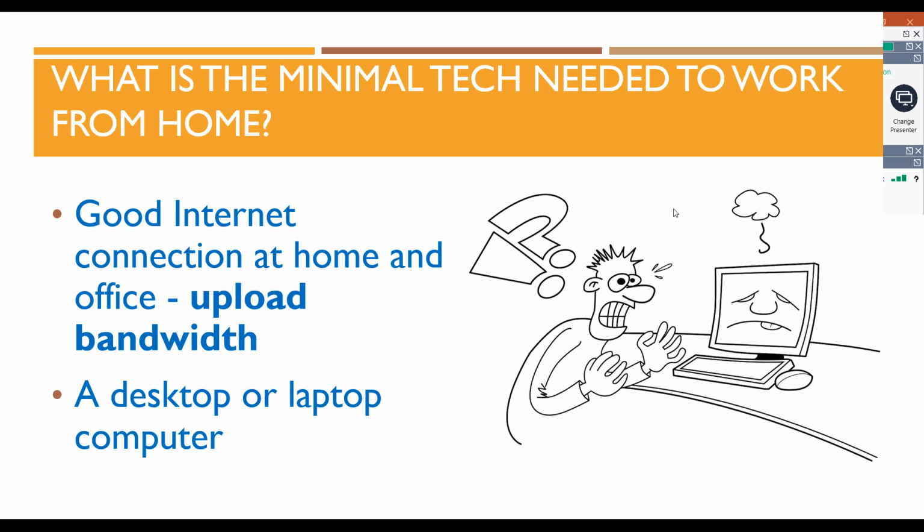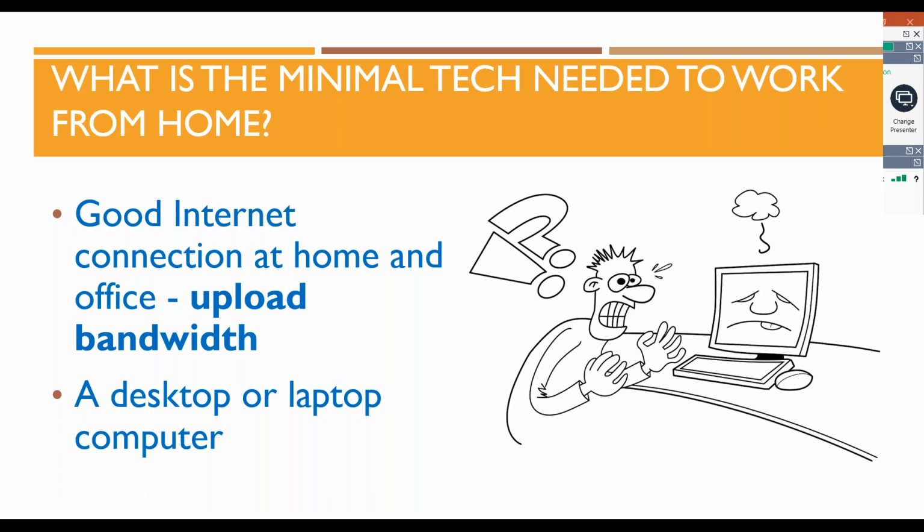Okay, so let's focus first on the internet and how to better set up your home. What constitutes a good internet connection is that you need to have a connection that has pretty substantial upload speed so that you can easily transfer your files not only from your office to your computer, but also from your computer back to the office.